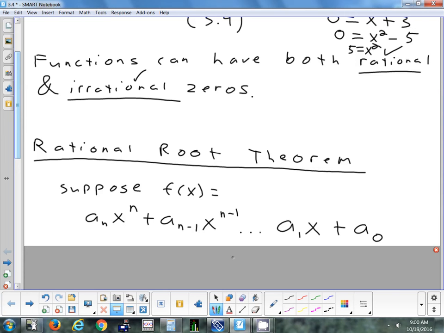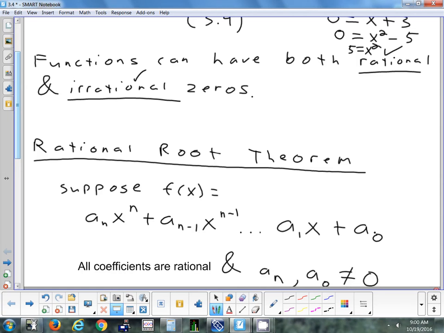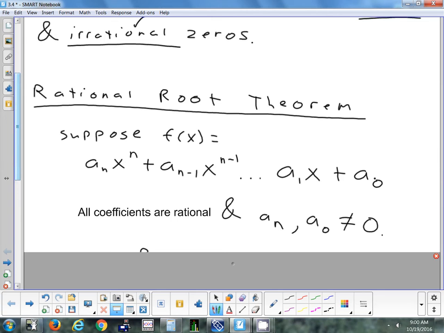We have some type of polynomial written in descending order, highest exponent all the way down to my constant. All the coefficients, all the things that I'm circling right now, are rational, the numbers in front of the x and the constant.